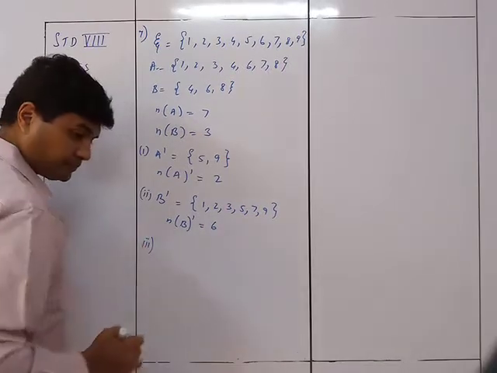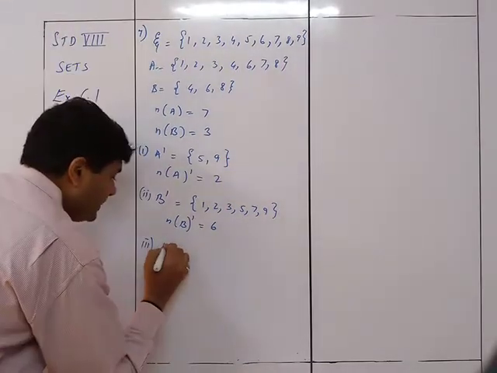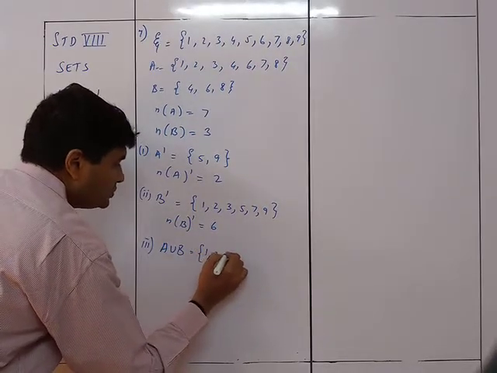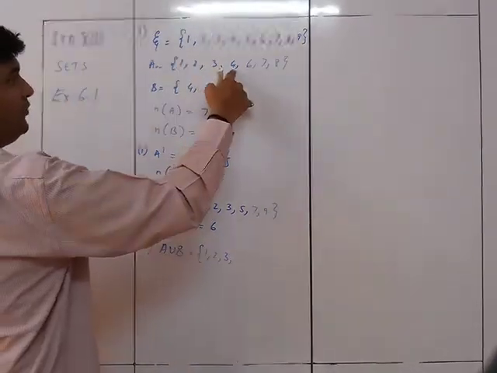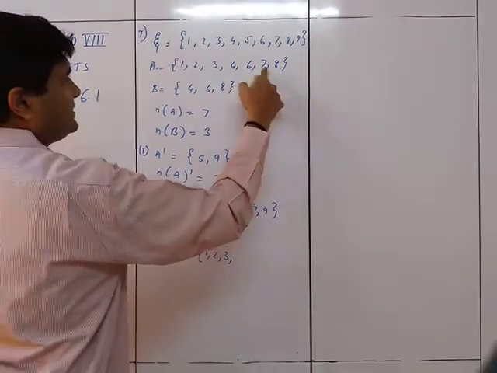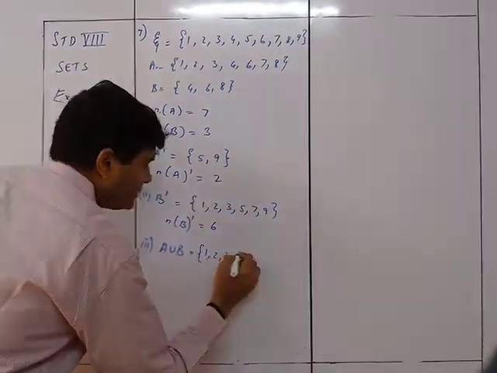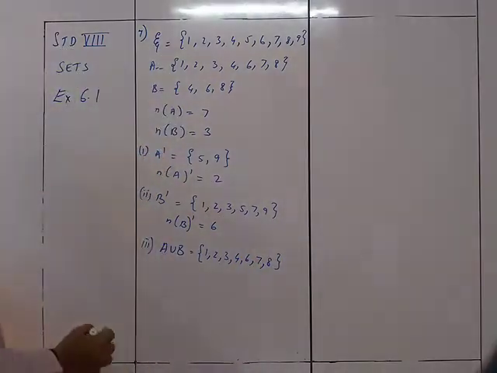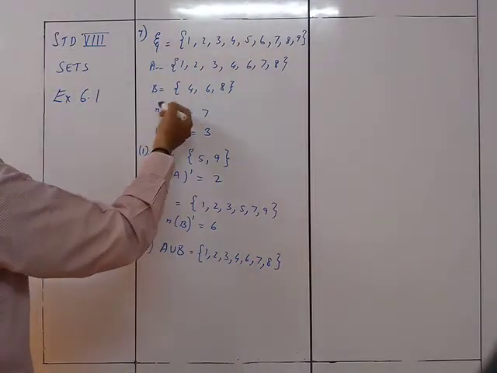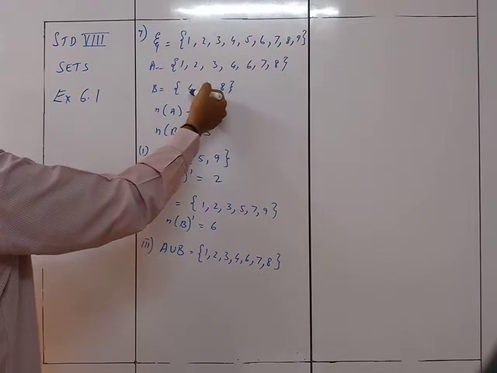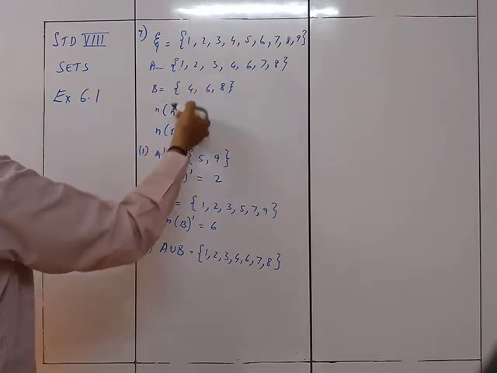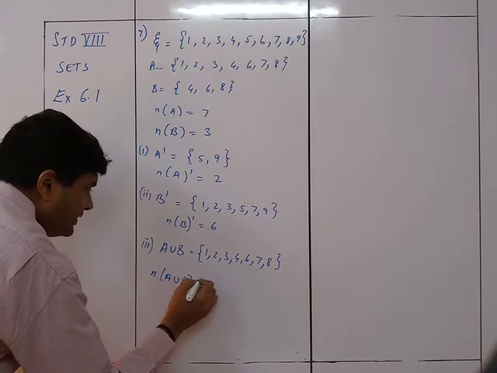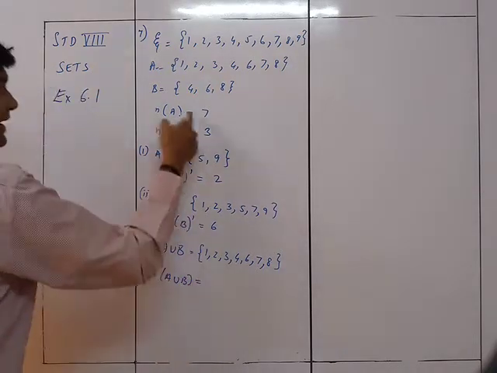The third thing is A union B. A union B is going to be 1, 2, 3, 4, 6, 7, 8. It's exactly A, because all the things in B are there in A. Therefore it is A, so n(A union B) is equal to the same as A, which is 7.